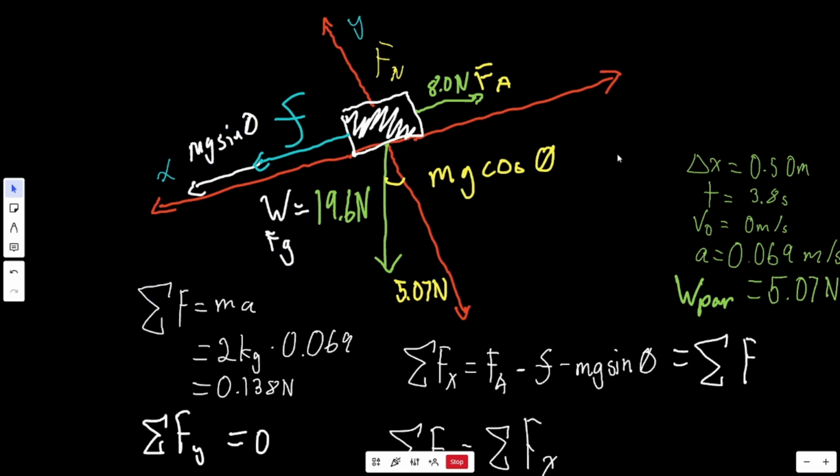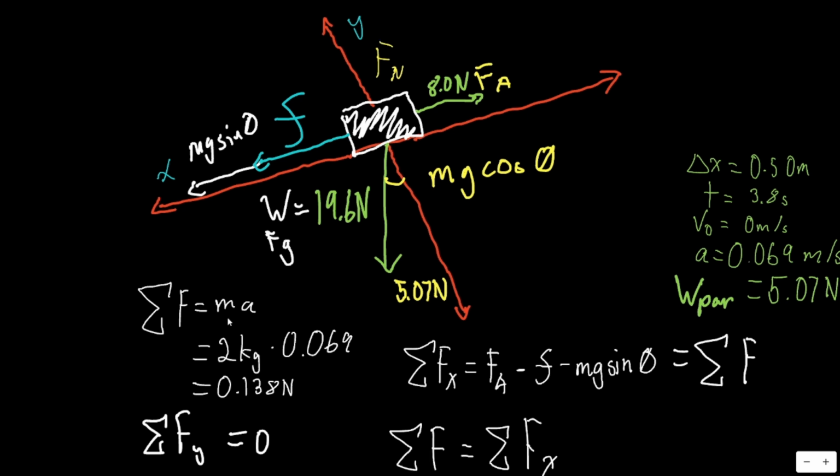Mg cosine theta, for those who might have forgotten, is the component of weight that we did not solve for. We didn't need to, because they're on the same axis, perfectly straight with one another and supposed to be opposites. So whatever the value of mg cosine theta is, the normal force should be the same magnitude but a different sign. So they completely cancel out.